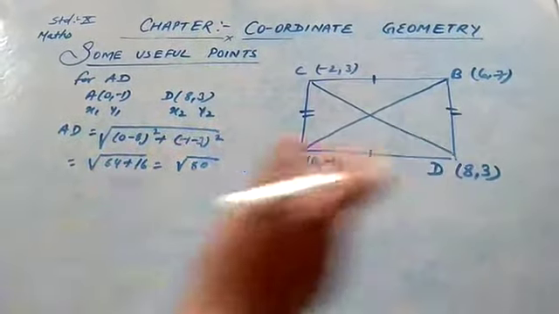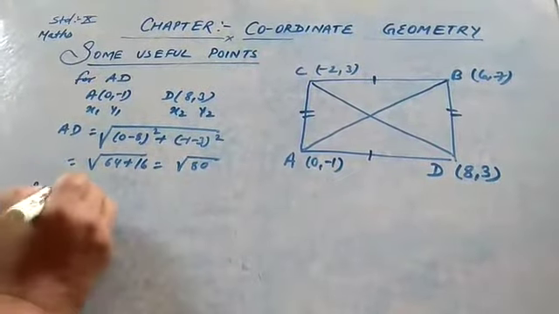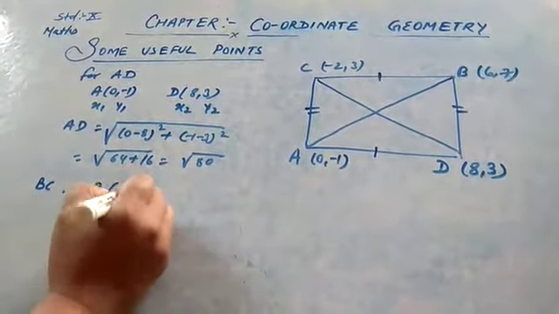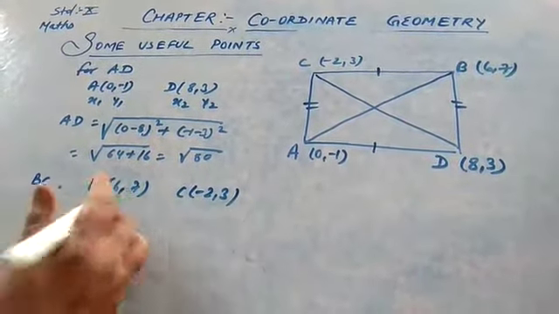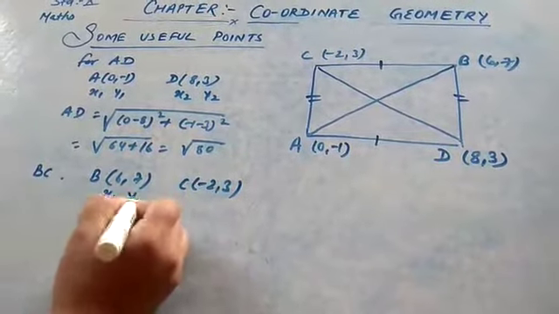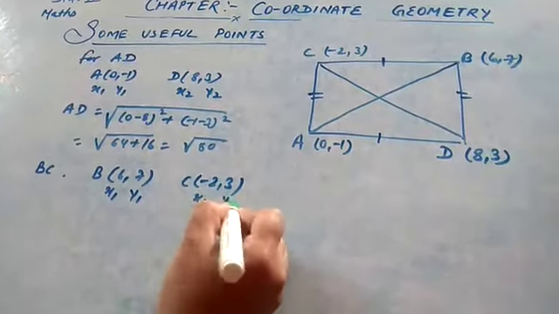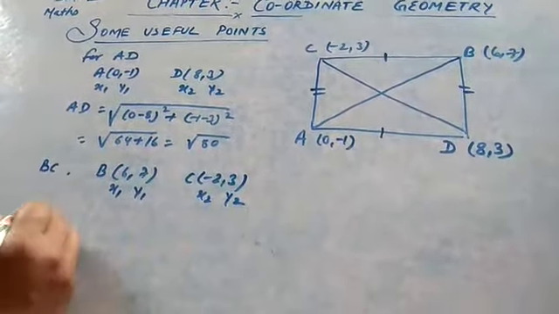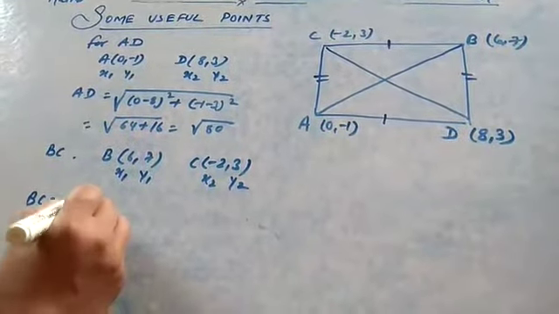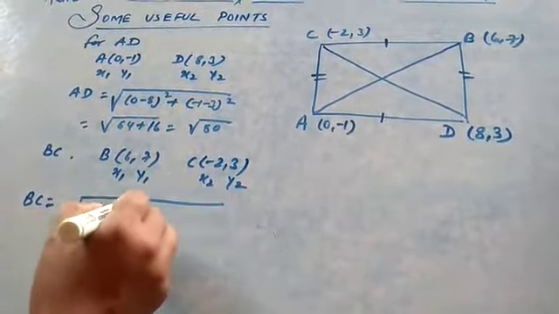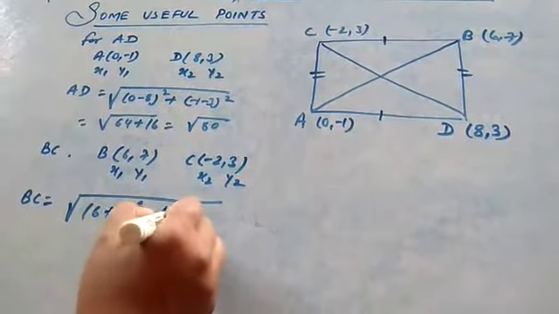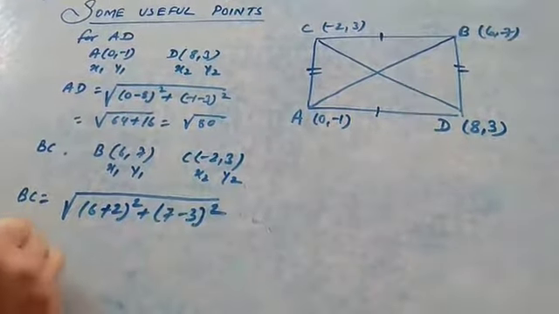Now I will find BC. So for BC, B is (6, 7) and C is (-2, 3). So here x1 is this, y1 is this, x2 is this and y2 is this. So BC equals root under (6 minus (-2)) square plus (7 minus 3) square.